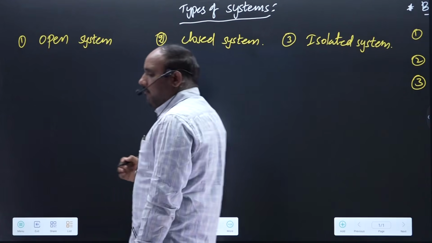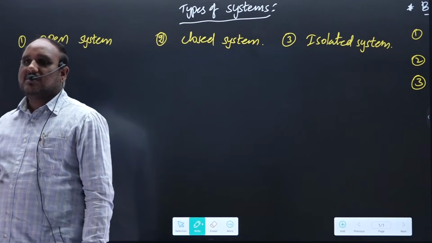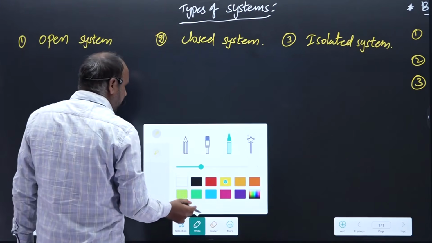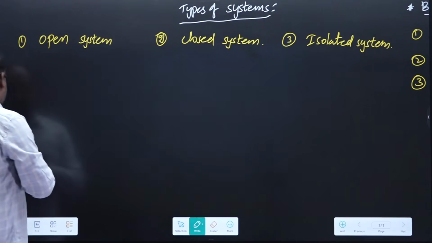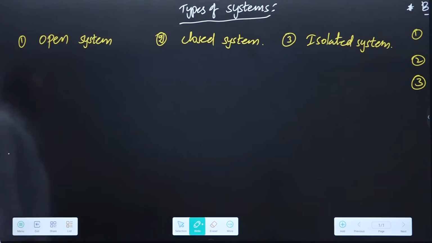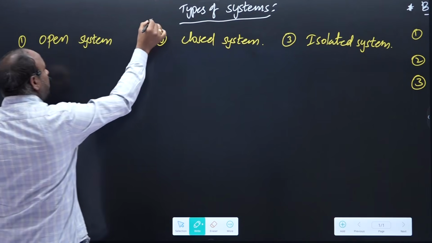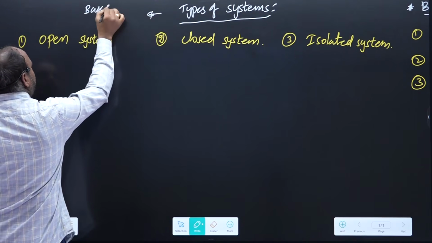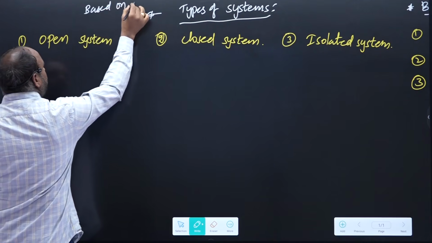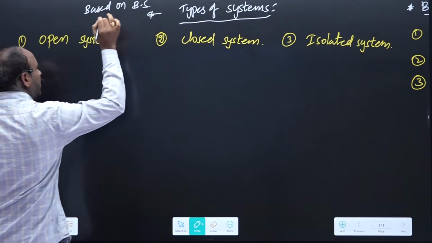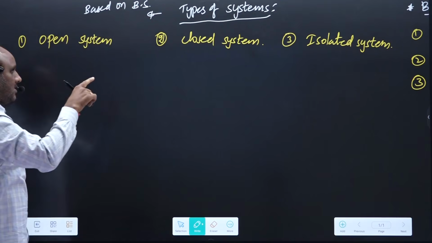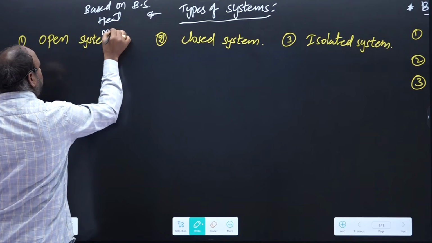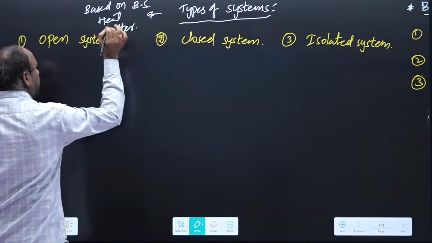We will go with examples to understand the systems. All these types of systems are based on the boundary surface, and on transfer of heat and transfer of matter, right?